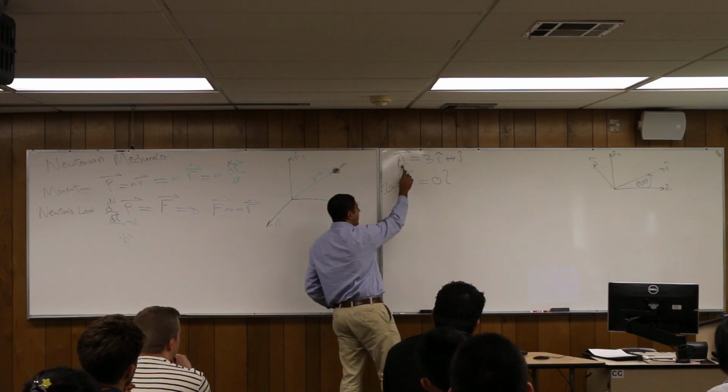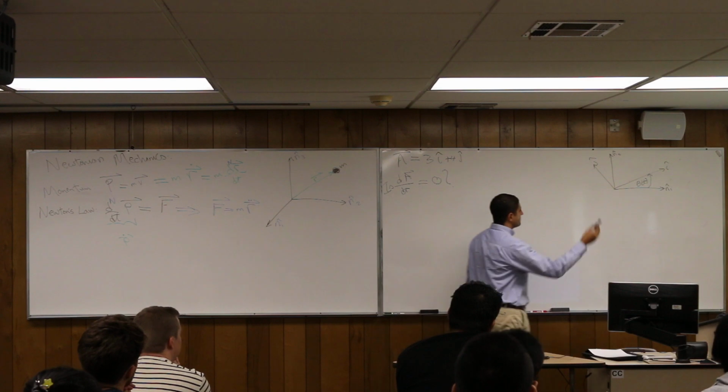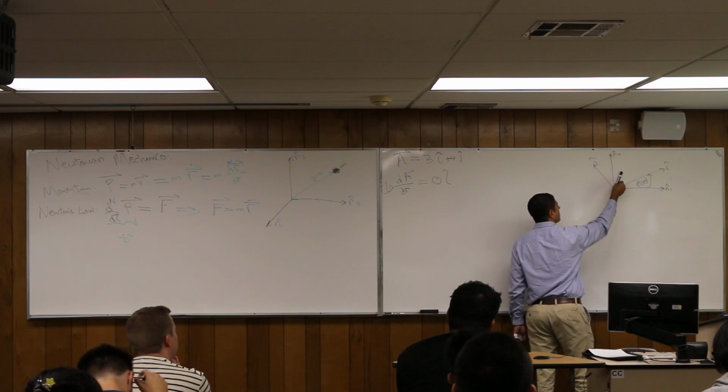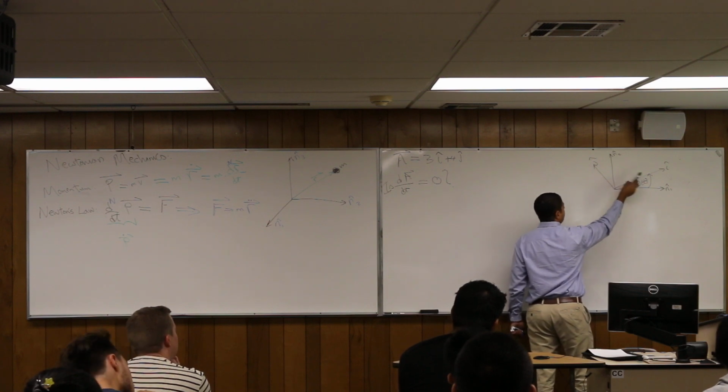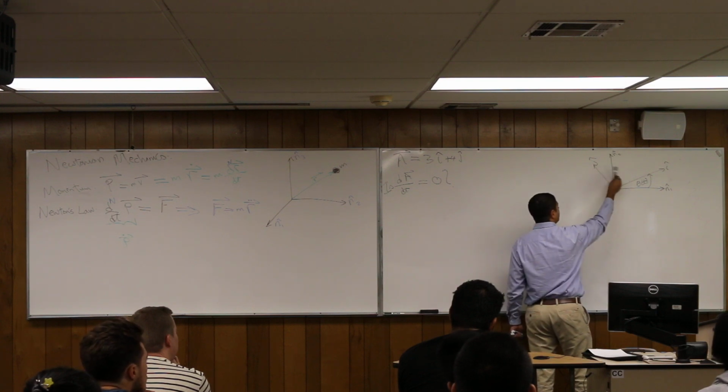Why? Because A as a vector is 3i plus 4j, something like here. So it has a fixed length. But the issue is that this i and j rotate, so A will rotate with i and j.